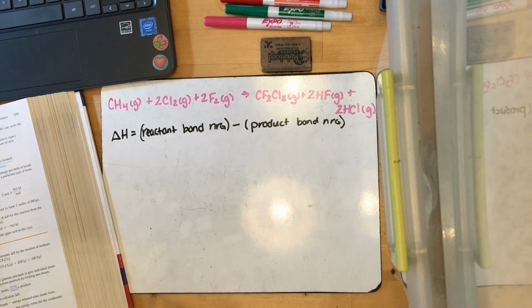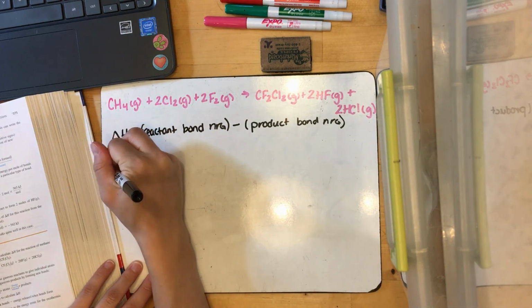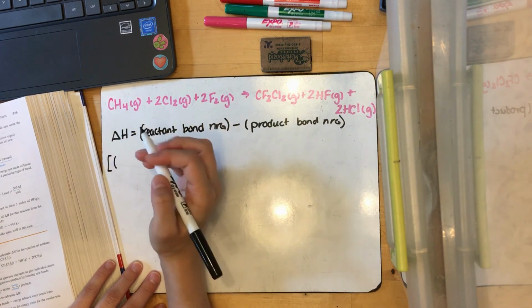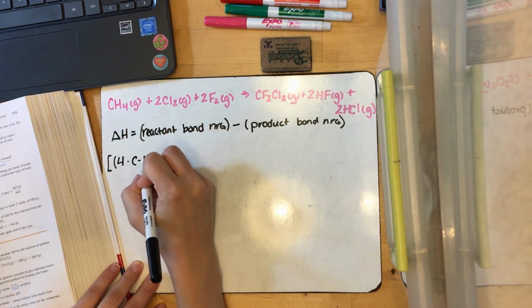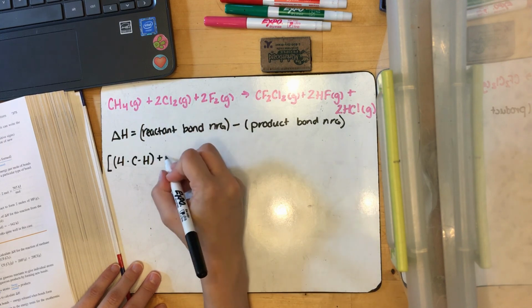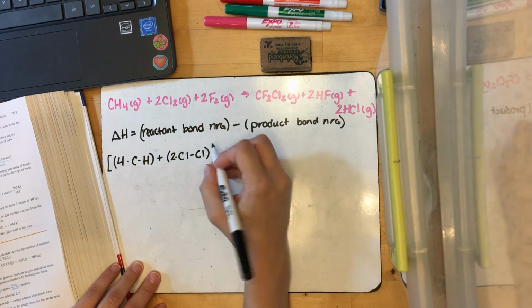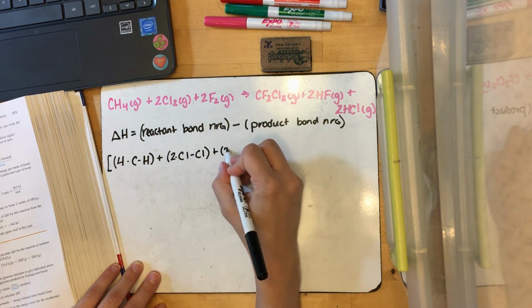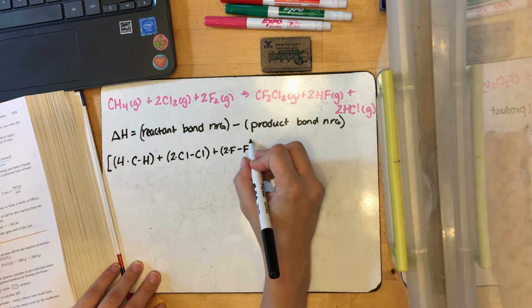Our book gives us a table of different bond energies, and basically what we're going to do is add them up. On the reactant side, we start with CH4. We have 4 carbon-hydrogen bonds, plus we have 2 chlorine-chlorine bonds and 2 fluorine-fluorine bonds. And those are all single bonds.